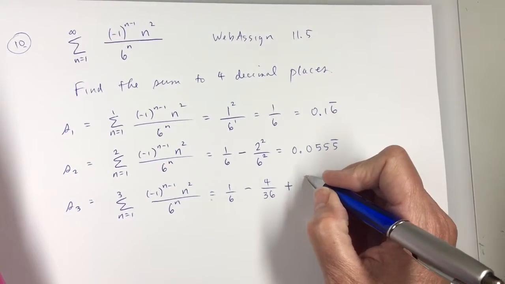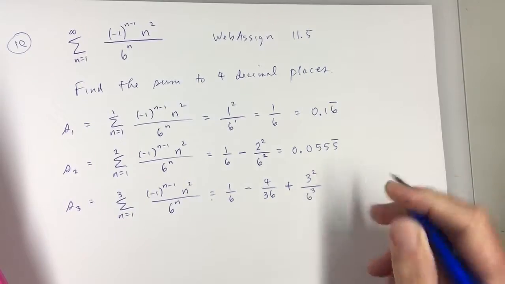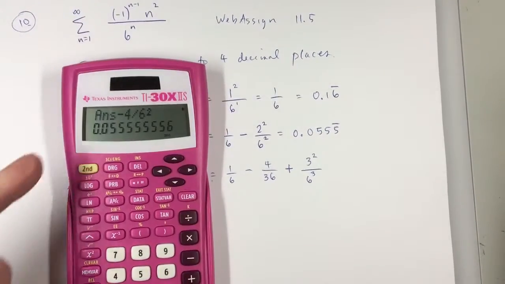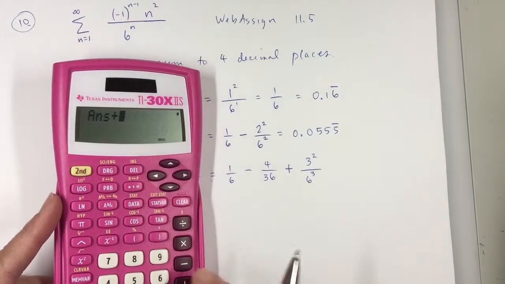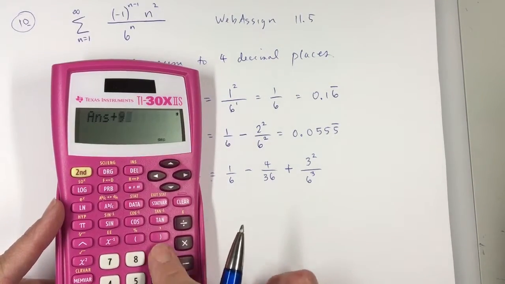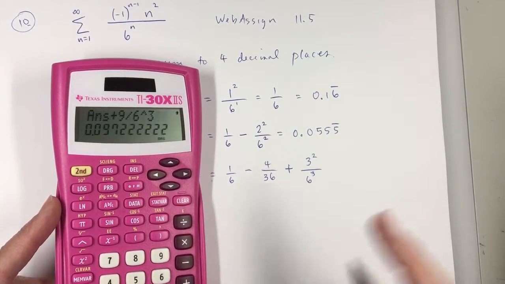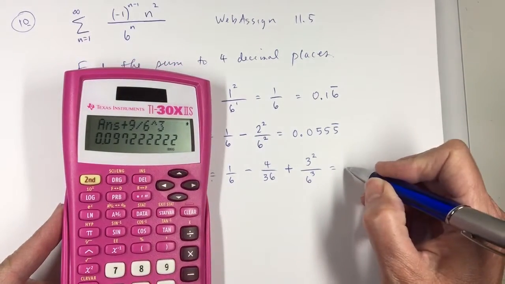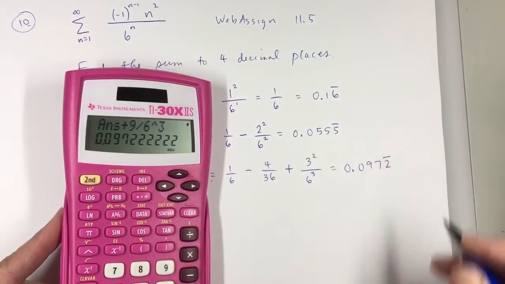So then I'll have plus 3 squared over 6 cubed. And since I already have S sub 2 in the calculator, I'll just do plus, well, 3 squared is 9, 9 divided by 6 raised to the third. So I get 0.097 repeating 2.